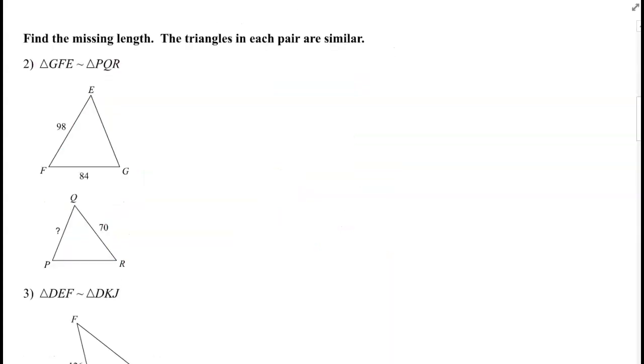So let's take a look at example number 2 where we're going to solve proportions like we did in the previous homework to find a missing value. In problem number 2, I'm going to call the question mark X. And I have triangle GFE is similar to triangle PQR. So like we did in the previous example, I'm going to write that down here. Triangle GFE is similar to triangle PQR.